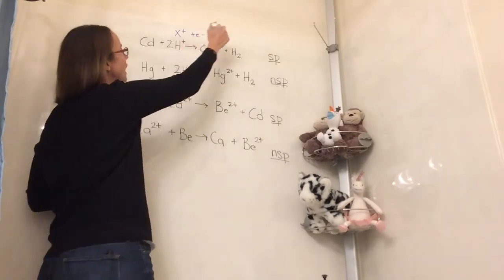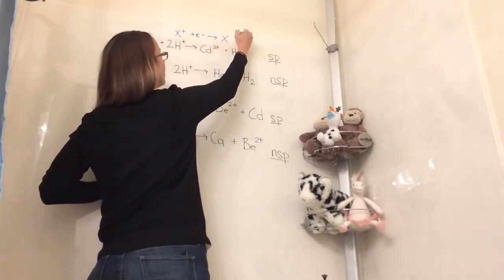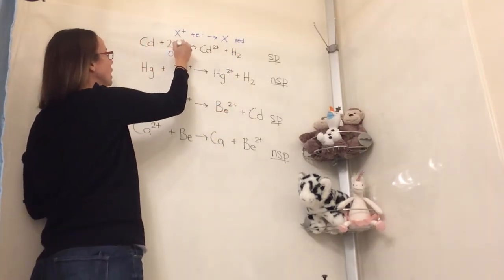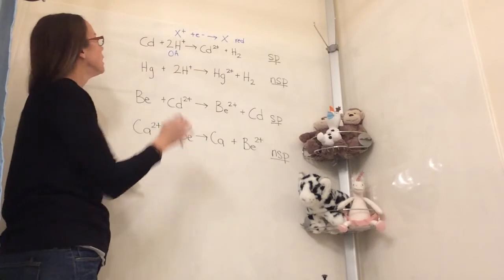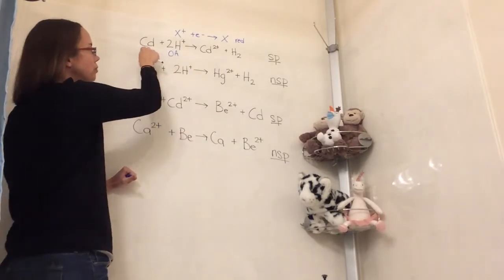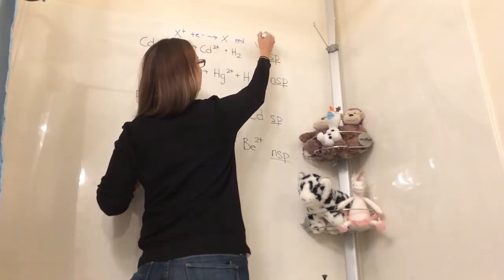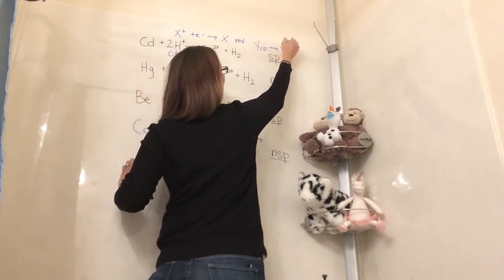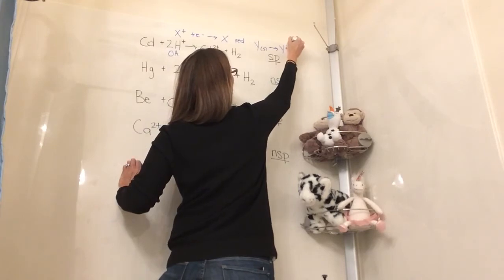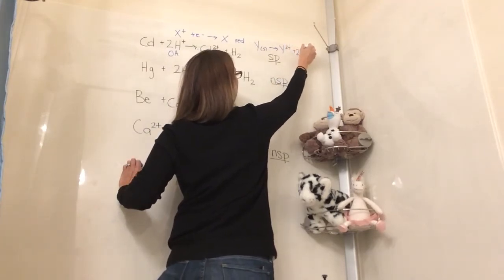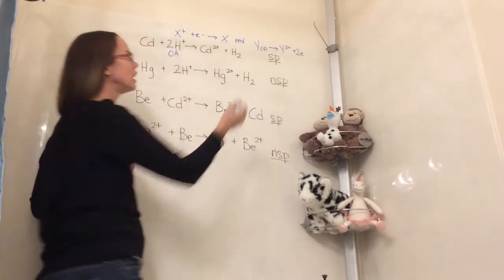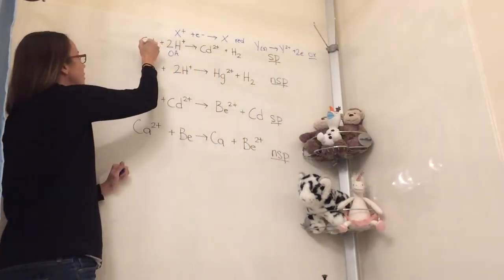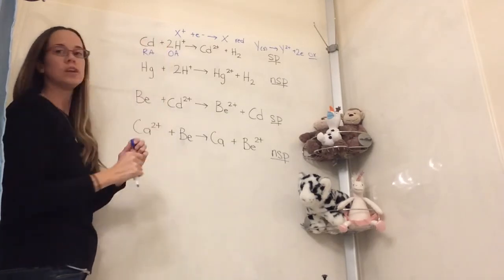So here this is a gain in electrons, so this is a reduction reaction, which makes hydrogen ion the oxidizing agent. Here we've got a metal, so we're just going to call this Y solid, and it becomes Y2 positive by losing electrons. Loss of electrons is oxidation, which then makes this the reducing agent.